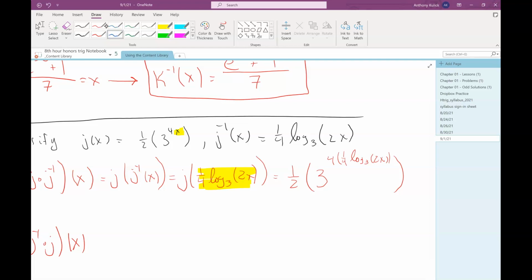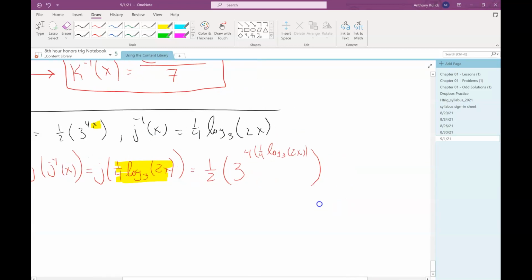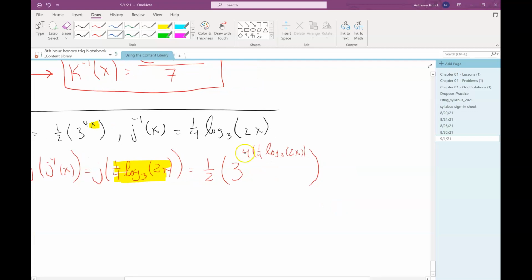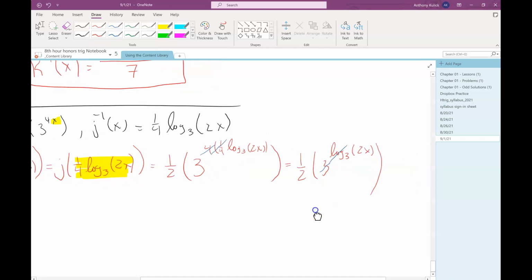Okay. So now the composition is done. Somehow this should simplify down to just giving me x. Let's see. I have 4 times 1/4 in the exponent, so those cancel out. I have exponent base 3 and log base 3. Those cancel out.